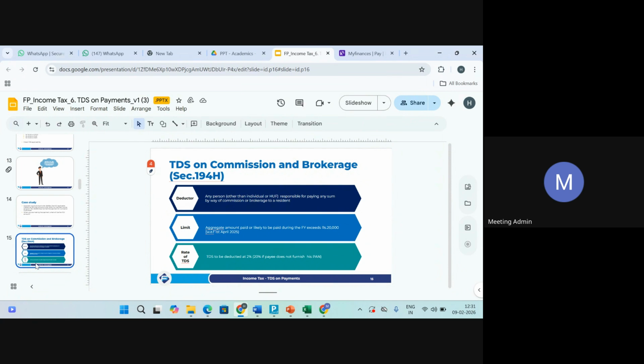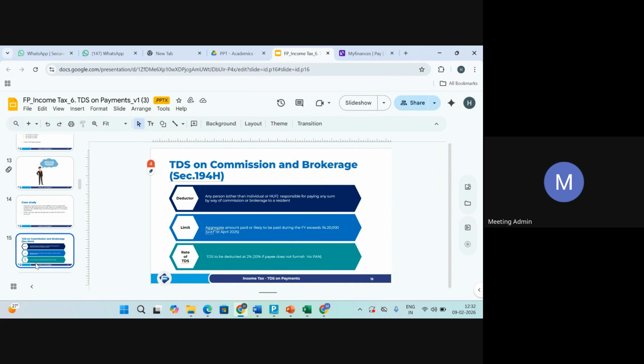And the limit: the aggregate amount paid or likely to be paid during the financial year exceeds 20,000. If it exceeds 20,000, the broker will be liable and the TDS amount has to be paid. This is implemented from 1st April 2025.